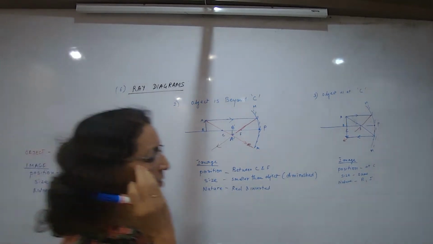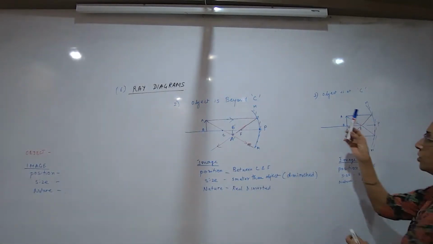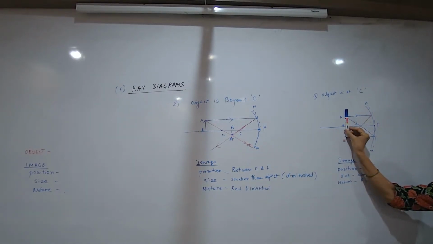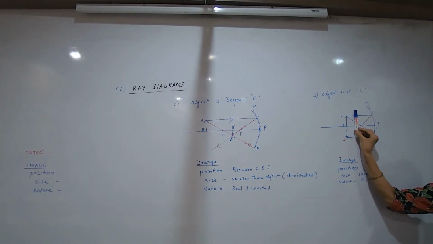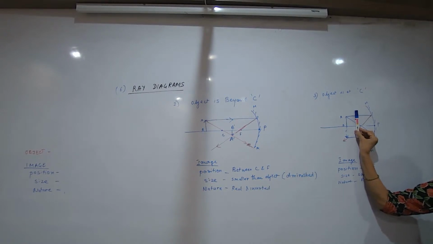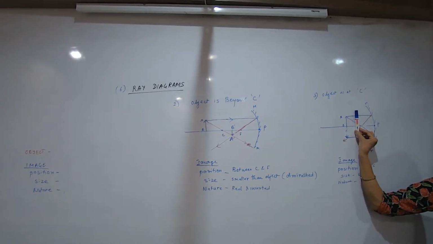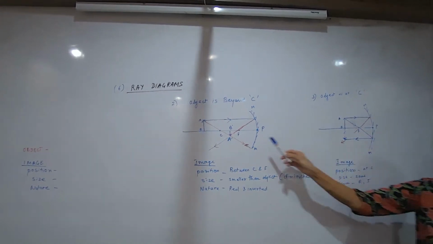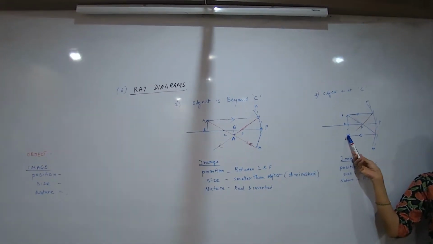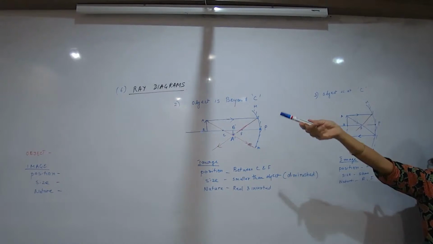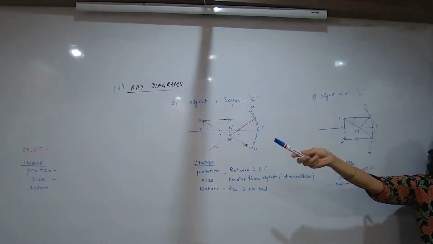Let's look at the board. What is your next position? We are already at C. That means the object is coming closer and closer to the mirror. What did you notice about the size of the image formed? The first one was very small.